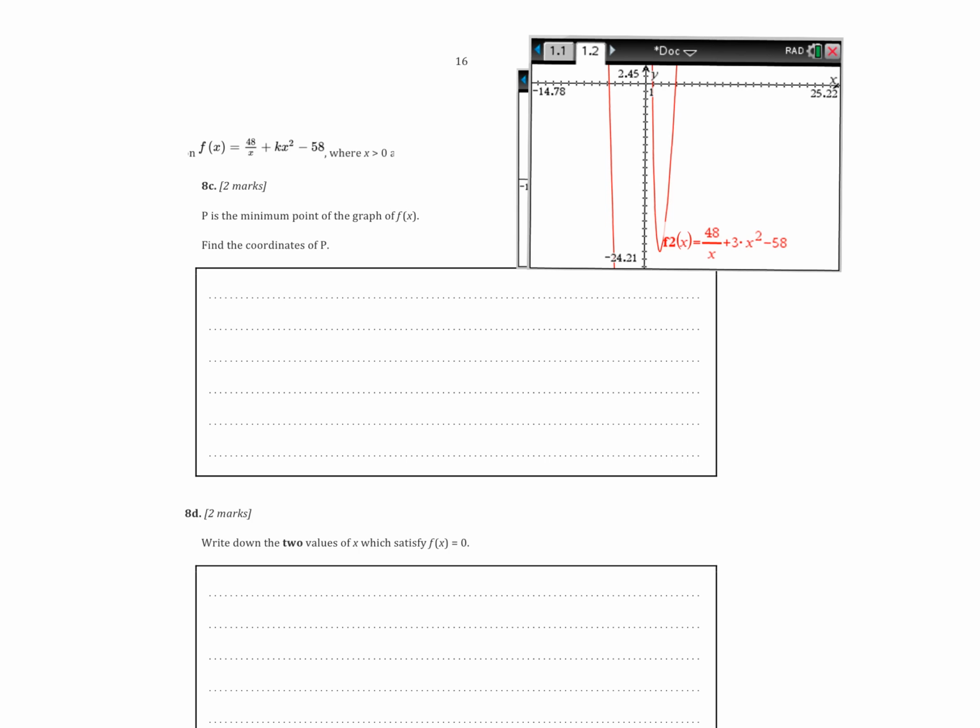So from there, I've hit menu, analyze graph, and look for the minimum point. That's all done by the GDC, and my picture now looks exactly the same as this, except it's got the brackets (2, -22). So P is the minimum point, find the coordinates of P. P equals (2, -22).